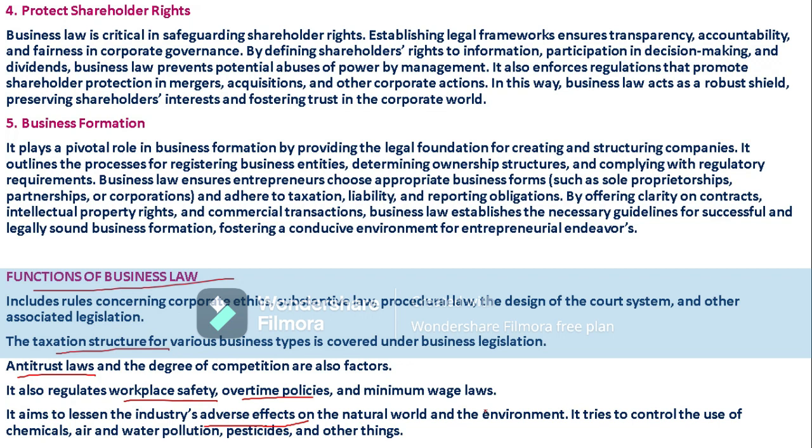Those chemicals may pollute the air and the water, and using pesticides may also pollute the environment. So for that also there are certain laws in business law, and industries should work according to these laws only.